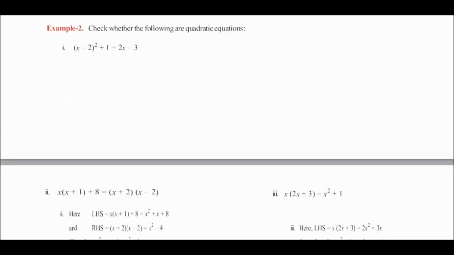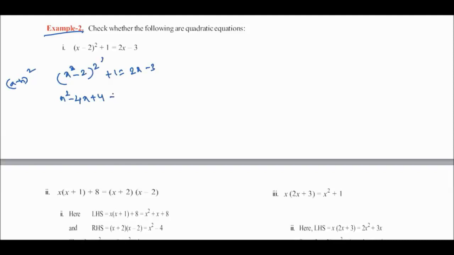Example 2: check whether the following are quadratic equations. Here x minus 2 whole square plus 1 is equal to 2x minus 3. x minus 2 whole square means x square minus 4x plus 4, using the a minus b whole square formula.